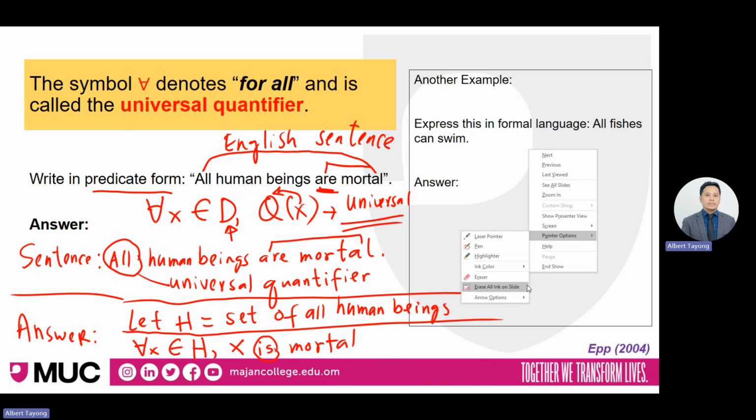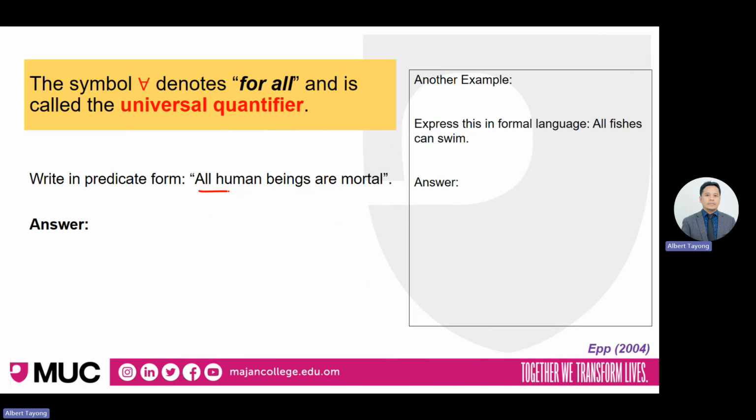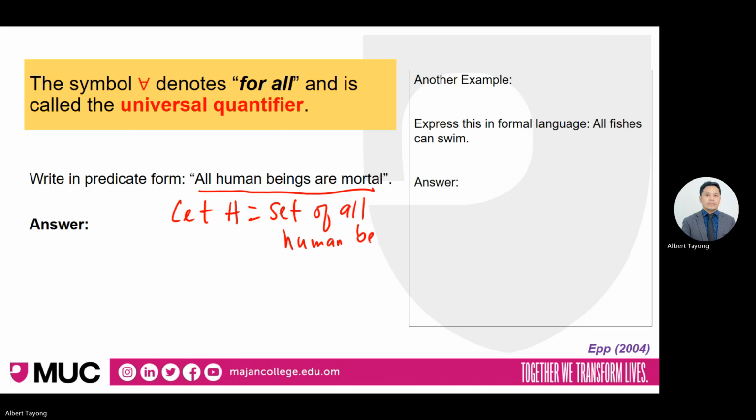So if I'm going to do that, for example, here, this is our sentence, then we say let H equals the set of all human beings. And I'm going to define Q as "is mortal". Okay, this is the "are mortal" here.